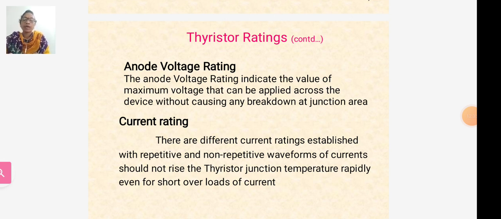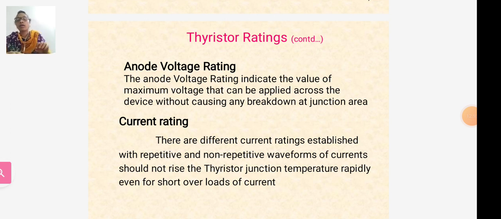When a forward voltage is applied across the thyristor, a current C dV by dt will flow, and this current will act as a gate signal. Hence, the thyristor will be turned on. Due to this, dV by dt triggering is never employed.